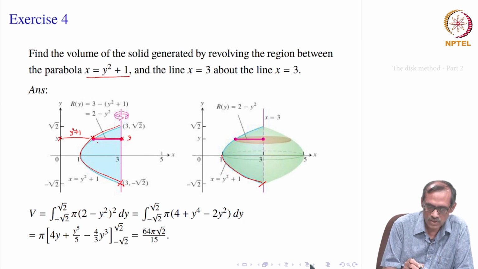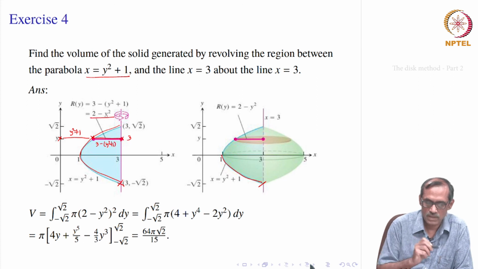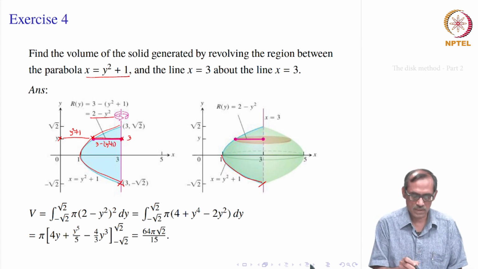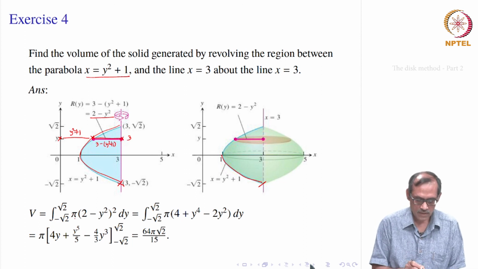So, the radius is 3 minus (y square plus 1), which is equal to 2 minus y square. Since this radius is 2 minus y square, we get the cross sectional area, which is the disk, pi times (2 minus y square) squared.